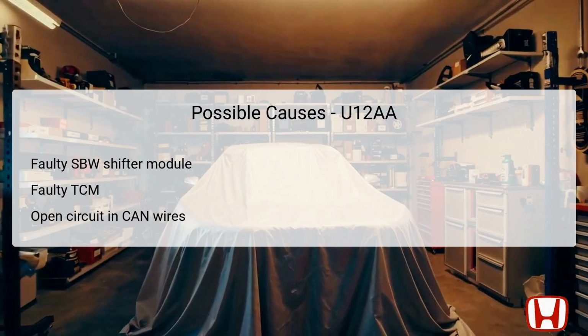Open circuits in the controller area network CAN wires, specifically the S-CAN lines that connect these two modules, can lead to interruptions in communication. It is crucial to check the wiring thoroughly, especially for wear, corrosion, or disconnections that may impede electrical signals. By systematically addressing these potential issues, technicians can effectively reduce the causes of miscommunication.